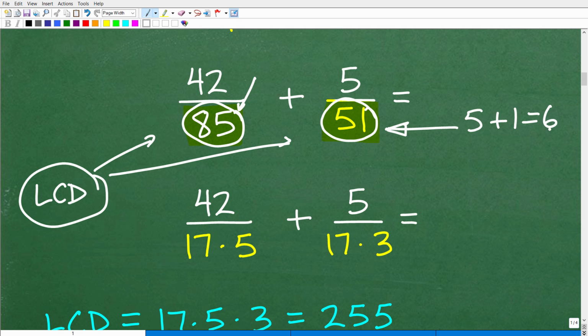If the sum of the digits is divisible by 3, then that number is divisible by 3. So here, 5 plus 1 is 6. 6 is divisible by 3 because 6 divided by 3 is 2. So 51 is divisible by 3, and we get 17 times 3 is 51. So it really pays off to know these divisibility rules.